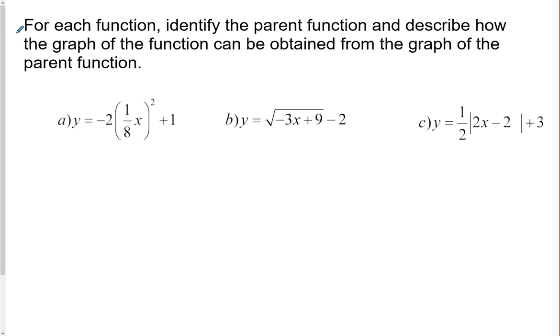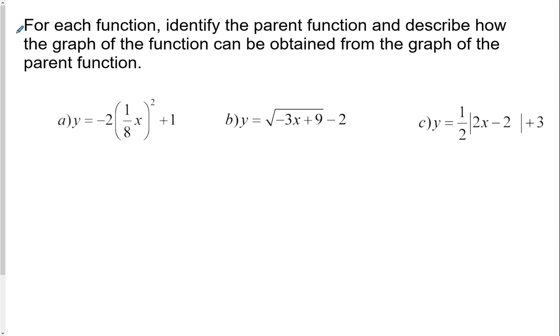Here we've got some transformed functions. I started with a parent function and then I did a bunch of transformations to them. What are those transformations? So for each function, we're going to identify the parent function and we're going to describe how the graph of the function can be obtained from the graph of the parent function.